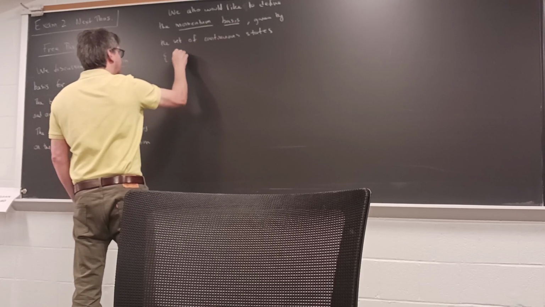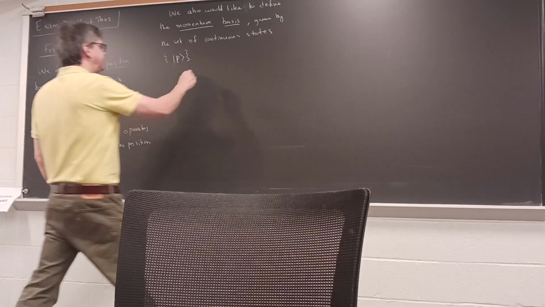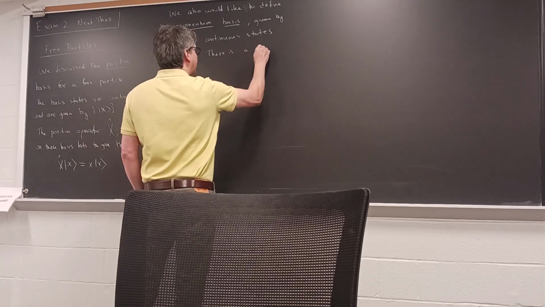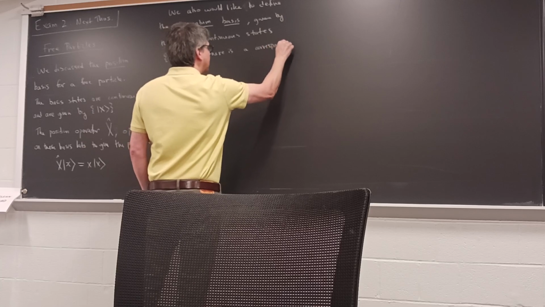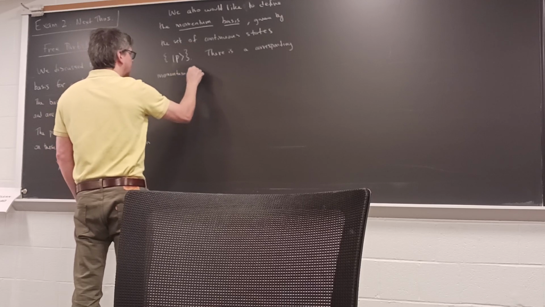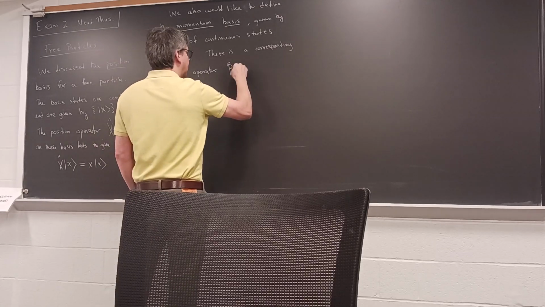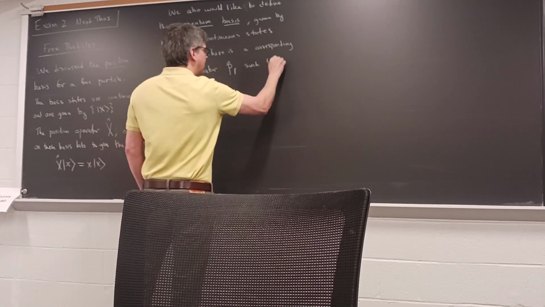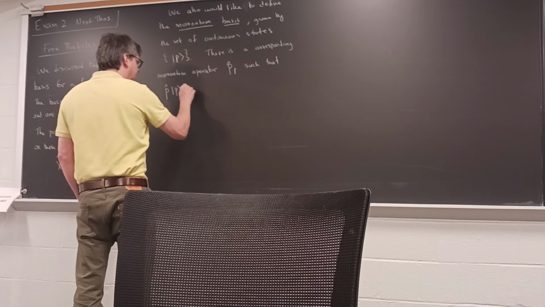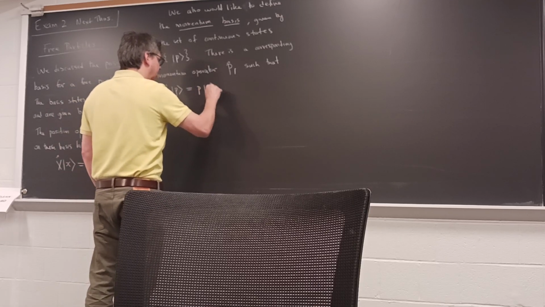So we have a little p in our ket, and there's a momentum operator P hat such that P hat, when it operates on a state with momentum p, just brings out the p.